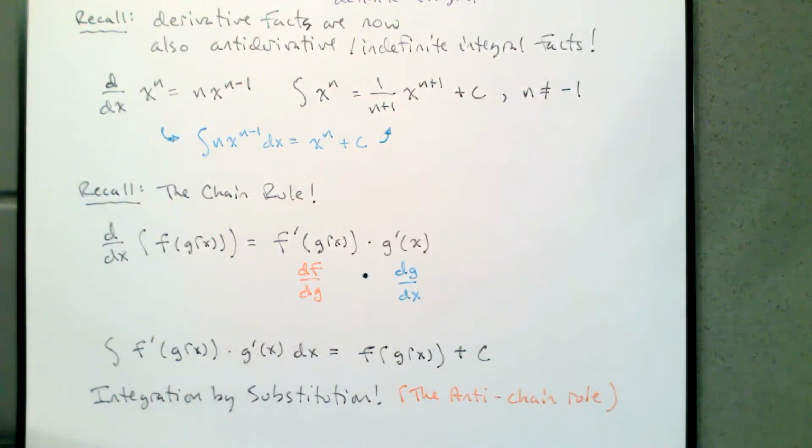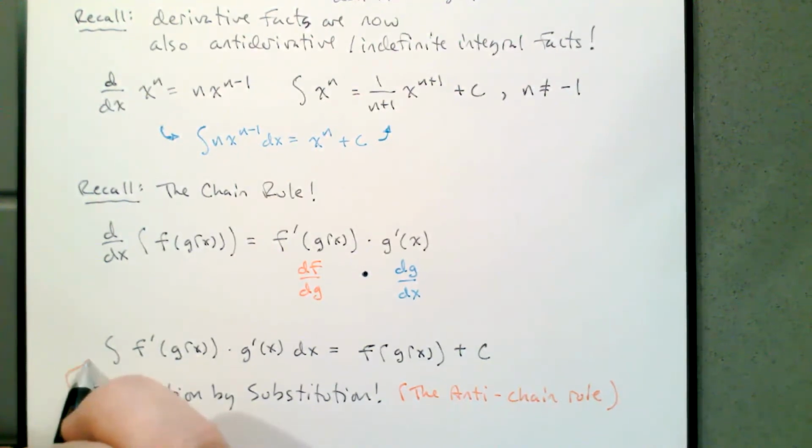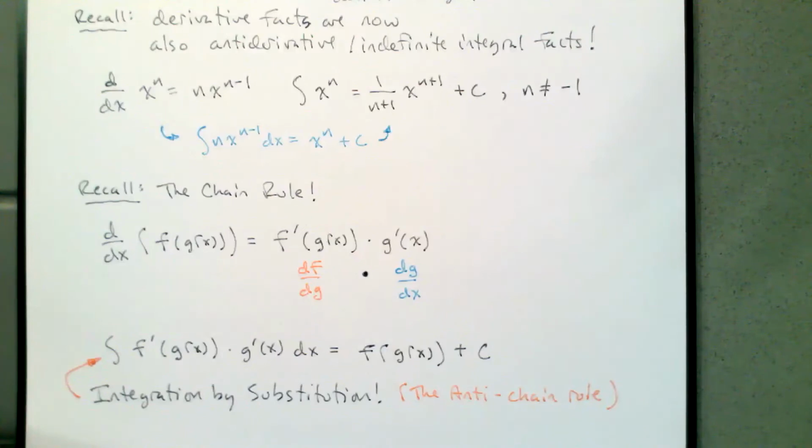So integration by substitution undoes the chain rule. Let's look at an example of the chain rule and then see how that would show up in an integral.